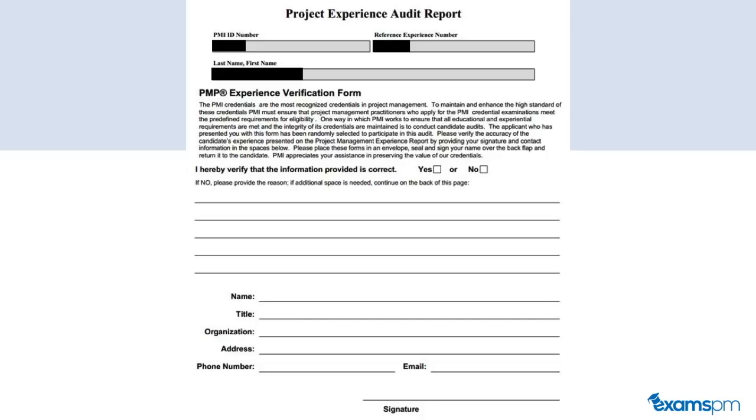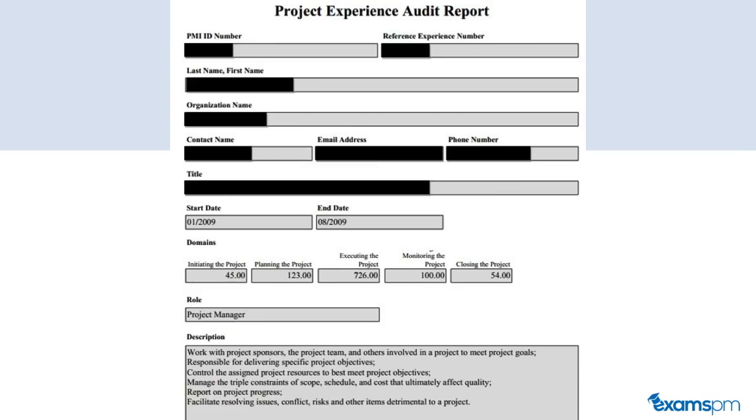And this is why it's very important that before you submit your application, you actually reach out to your contact person and ensure that they agree with what you have written on your application. So they agree with the number of hours you claimed and the project description that you have written. So if you do get audited, they won't have a problem signing off for you.